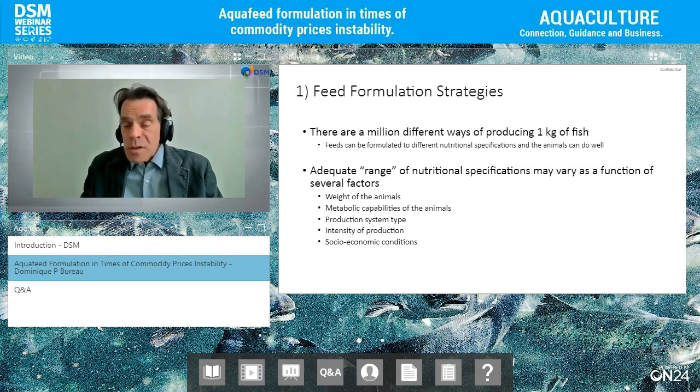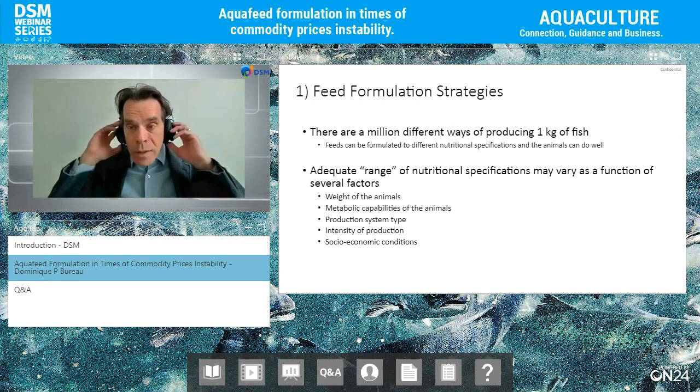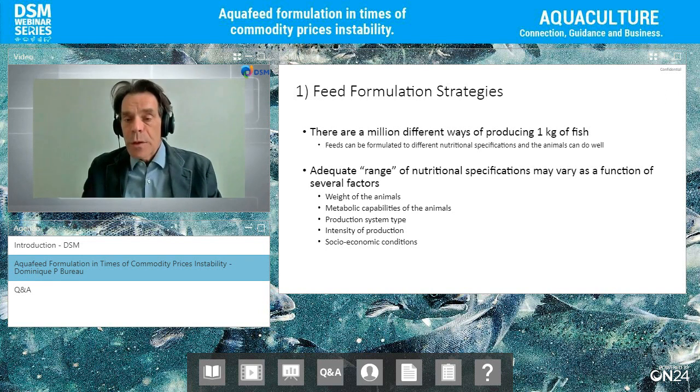And then there's the whole socioeconomic context where you have a farmer that can't afford to purchase very expensive feed, and other farmers that cannot afford more than a few dollars for their feed purchase.